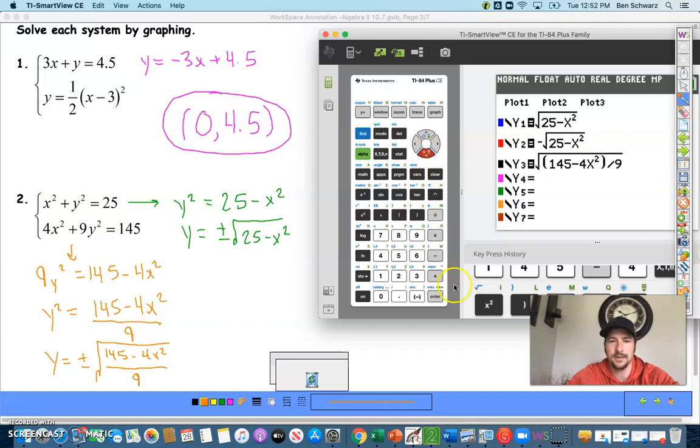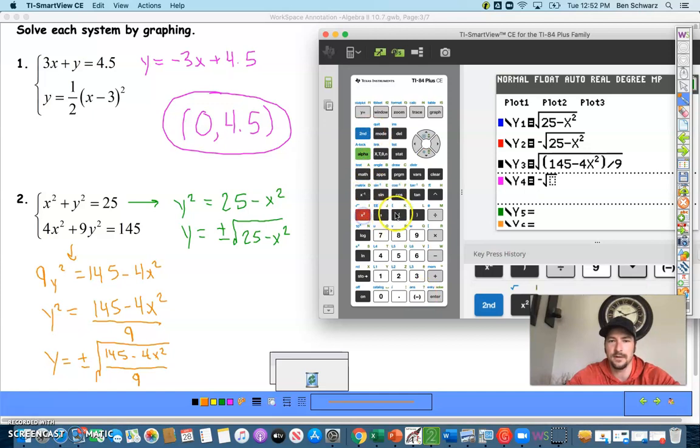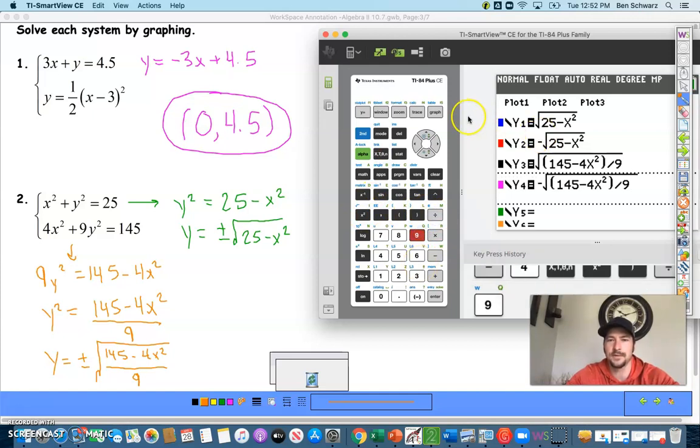And then for the next one, it's the same exact thing, but with this negative in front. So go ahead and write that in there again, hopefully without typing anything in wrong. Parentheses, divide by 9. Okay, so I got all my equations in there. So I'm going to hit graph.